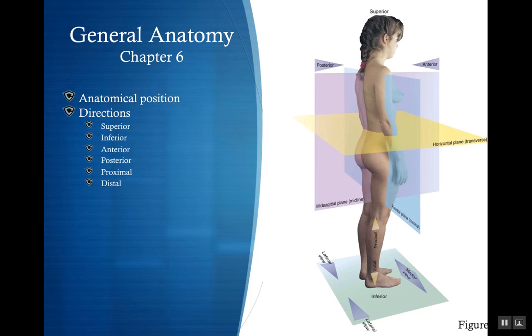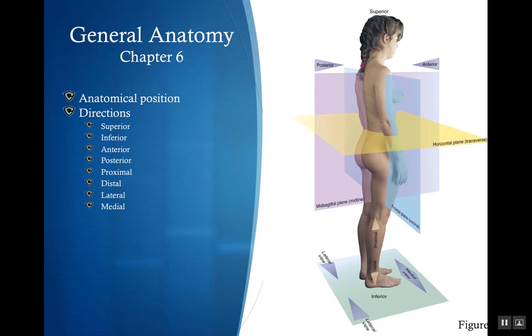Whereas distal refers to away from where the body part originates or attaches, or farther from the trunk of the body. So for example, the elbow is proximal to the wrist, or the elbow is closer to where the arm originates to the body as compared with the wrist, whereas the fingers are distal to the wrist. The fingers are farther away from the trunk of the body or where the arm attaches to the body.